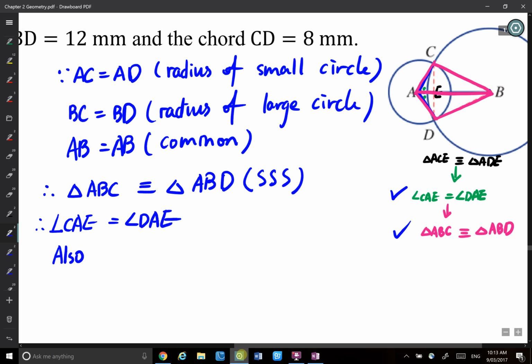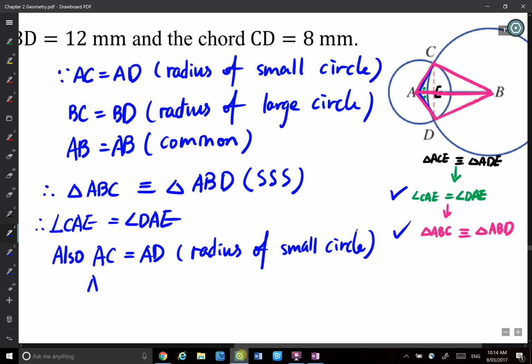Also, what you know is AC equals AD, which is the radius of the small circle, and AE equals AE, which is the common length.